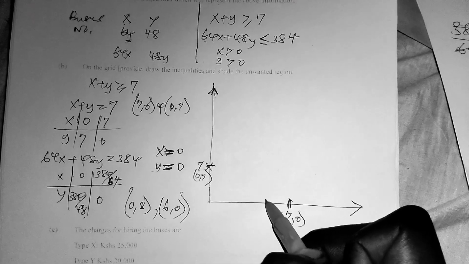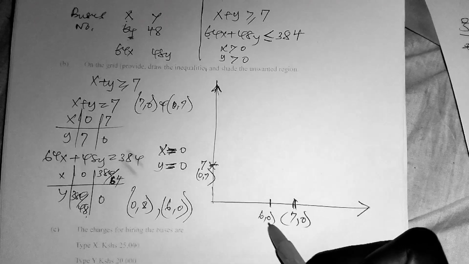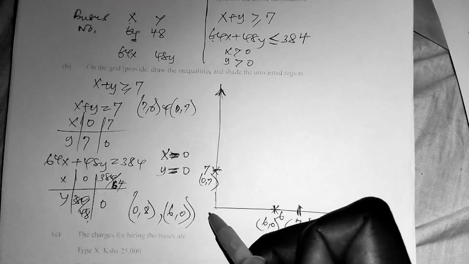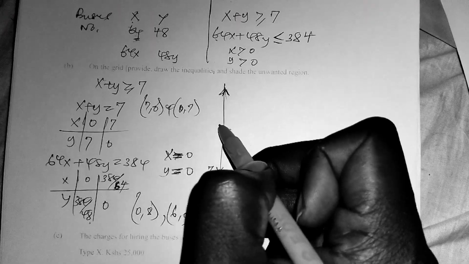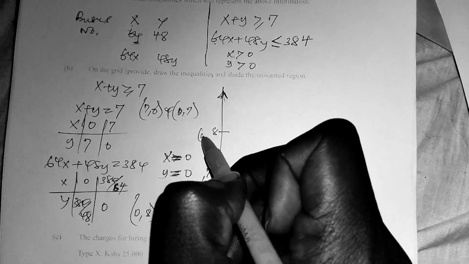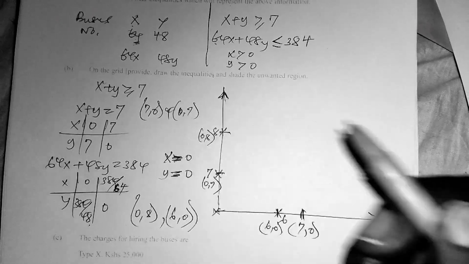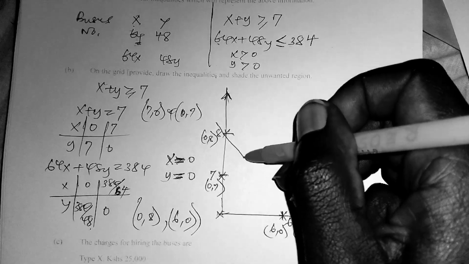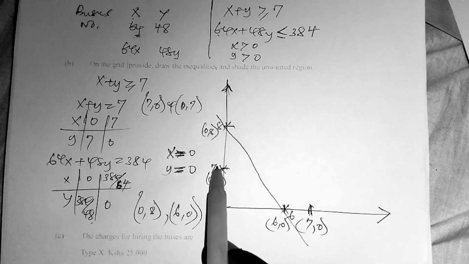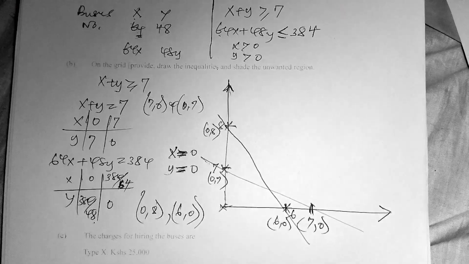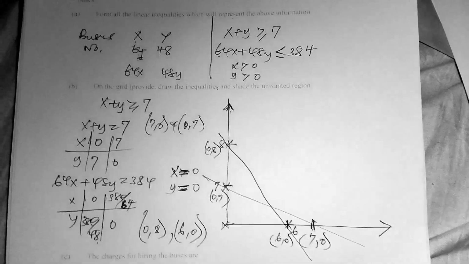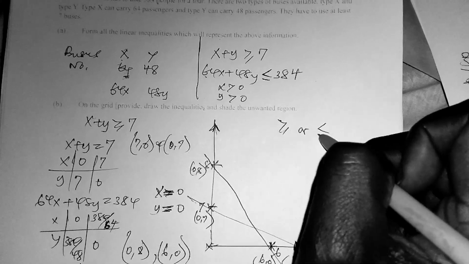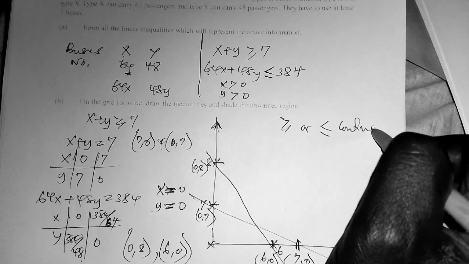So you'll plot (6, 0) where x is 6, then this one is (0, 8). At this point it will be a continuous line for this one, then also this one will be continuous because of the sign. You plot a continuous line.